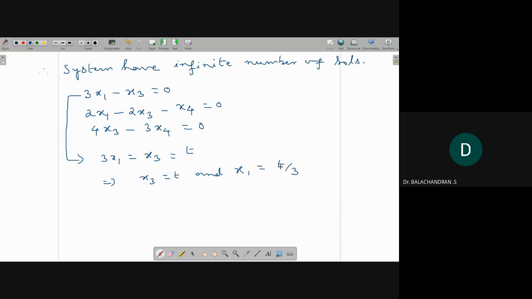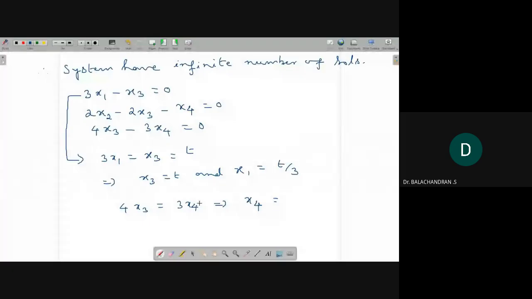Now from the third equation, 4x3 equal to 3x4. Sir, in the second equation, it should be 2x2 minus 2x3. Yes, thank you. 2x2 minus 2x3. Okay.